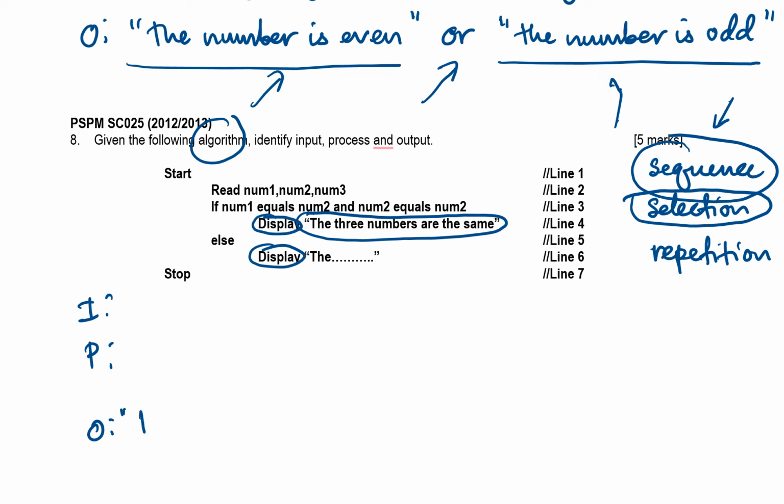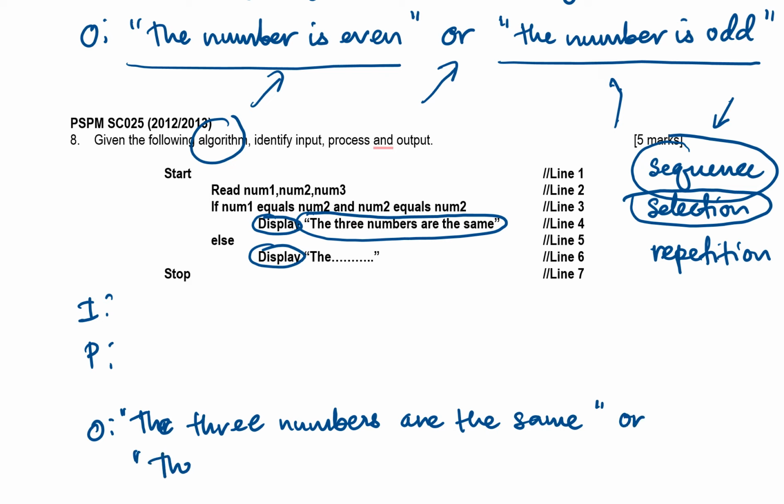So make sure you put double quote, the three numbers are the same, double quote, or, then you write exactly the other one with the dot, double quote. Either one, so it depends on the condition here. If this condition is true, it will display this one.